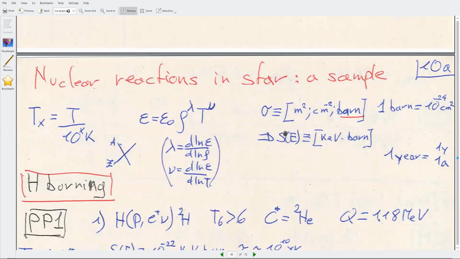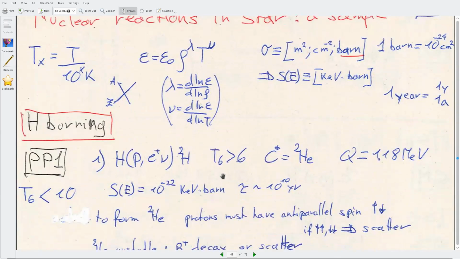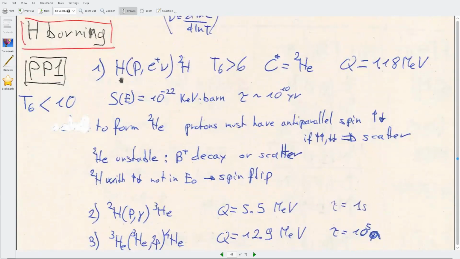Then nuclear reaction, we have this. Quickly, the several types: we have helium burning, proton-proton, we have three channels, proton 1, the classical, proton with the proton, then produce deuterium, deuterium with the proton, helium-3, two helium-3, and helium-4.